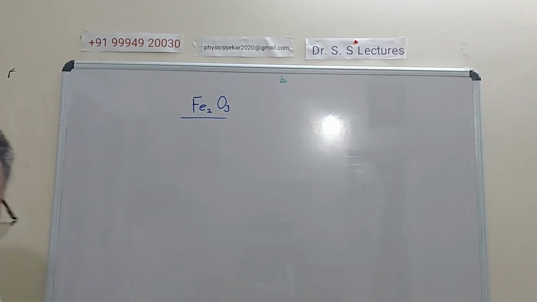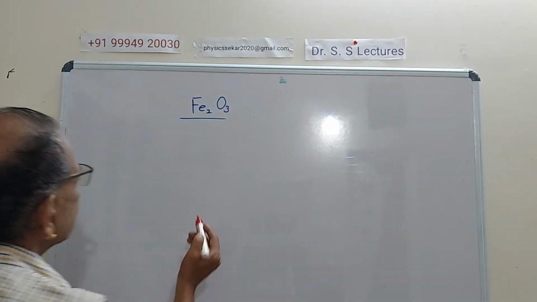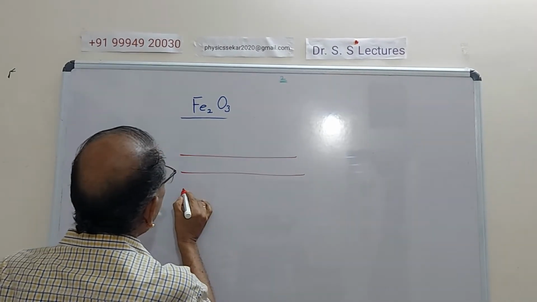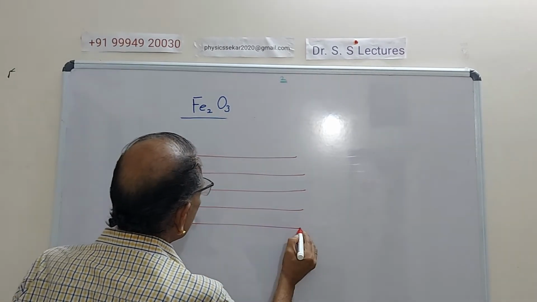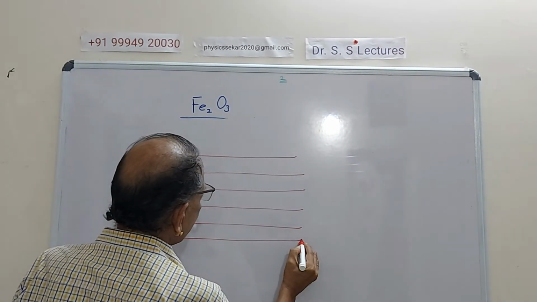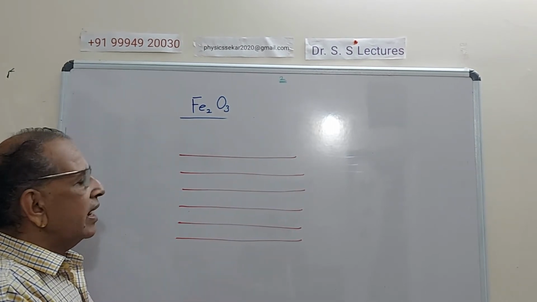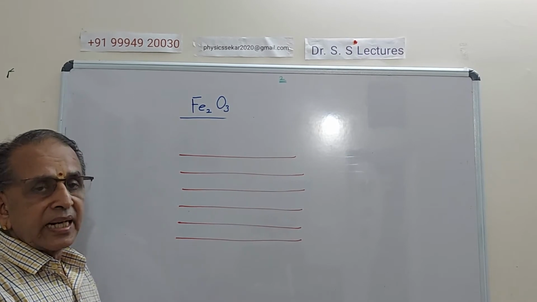So let us try to understand that there is a uniform magnetic field. I told you that this is a uniform magnetic field that I am having. How do I say uniform? Because the lines of action are parallel. If I just have a line like that, it is not conveying the meaning of a magnetic field.